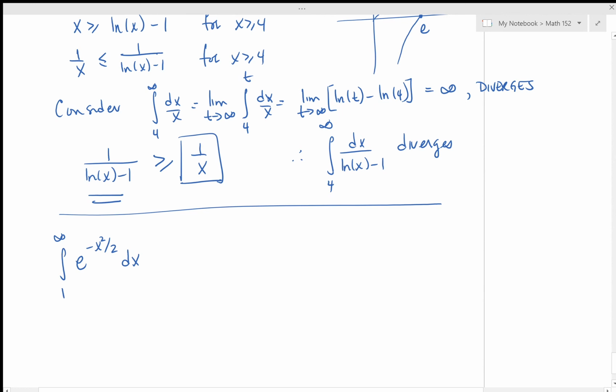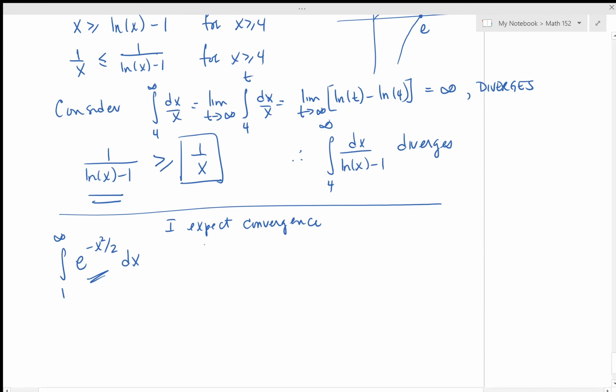My intuition says I expect convergence. What do I do? I can't integrate this in terms of elementary functions. I expect convergence. So then what I want to do is look for something bigger that converges.